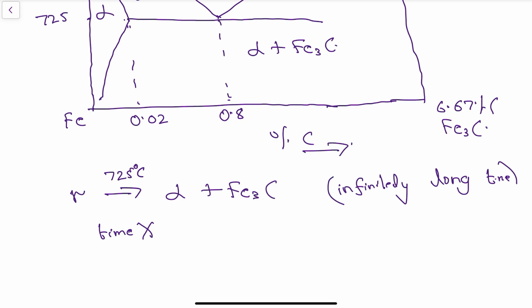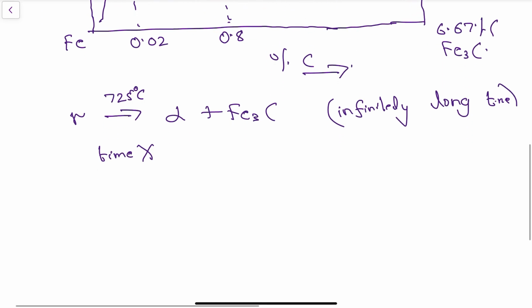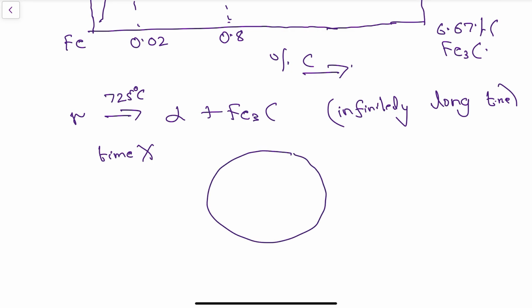But if you change the transformation time, that is, if you cool it slowly or cool it fast, then you will get a different microstructure. You will study the different microstructures here, and this process is called the heat treatment process. If you allow sufficient time, then you will get a structure like this.